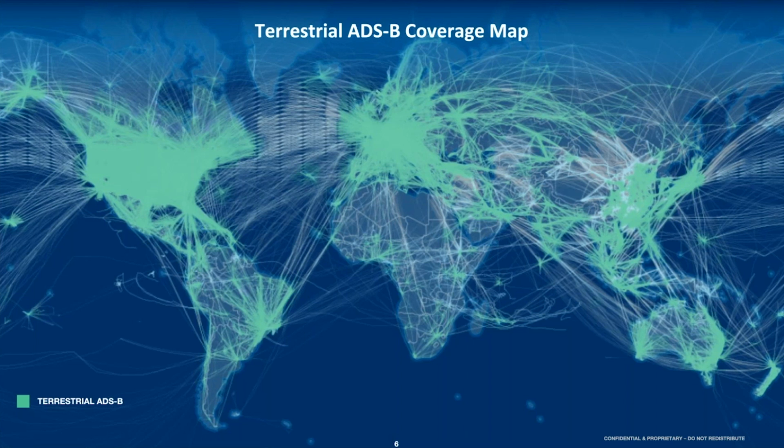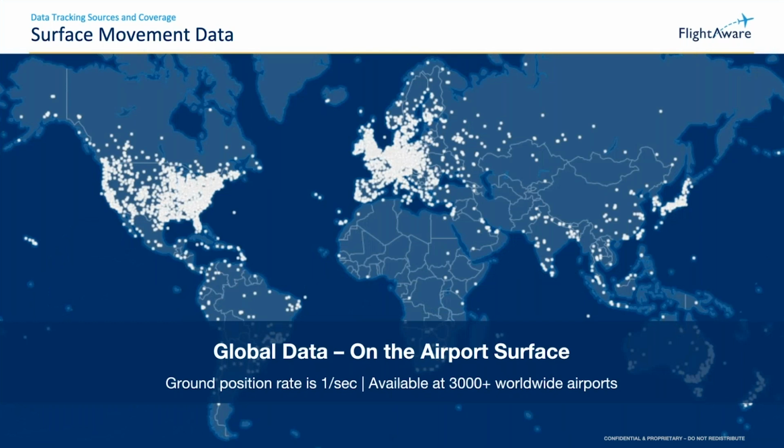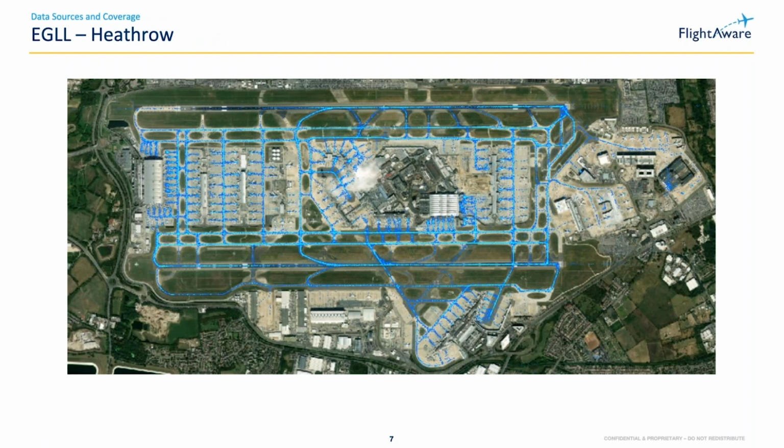So now let's drill down further and look at our coverage at an airport level. For surface movement at airports, we receive about 1 position per second from our ADS-B receivers, and you can see that we now receive data at over 3,000 airports worldwide. Here is a map of Heathrow airport.